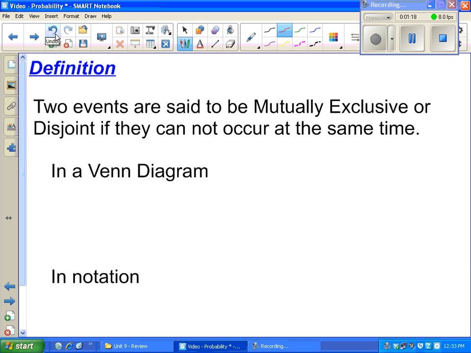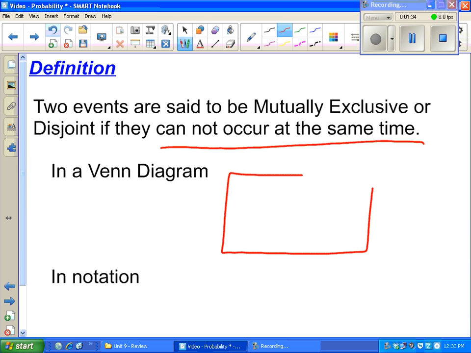Okay, so the first thing we're going to talk about and refresh your memory on is mutually exclusive events, or they might be called disjoint. So mutually exclusive or disjoint means they cannot occur at the same time. It is not possible for them to occur at the same time. In a Venn diagram, you would see that the event A and event B cannot occur at the same time because there would be absolutely no overlap.